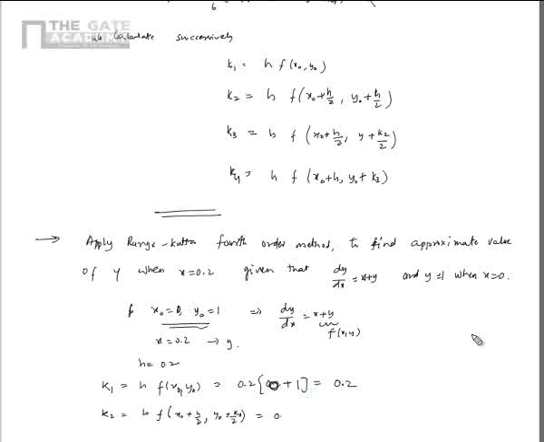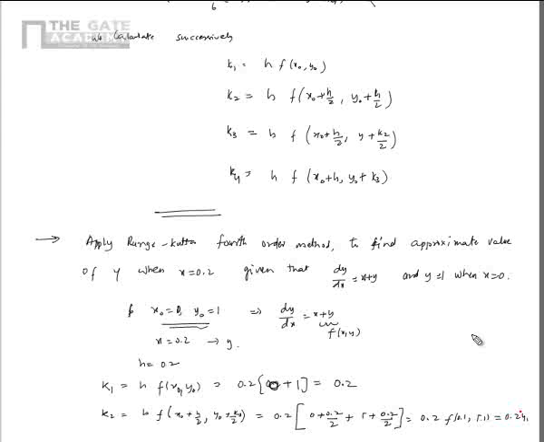So now h is 0.2. Okay, x naught plus h by 2 is basically 0 plus 0.2 by 2, that is the x value, and the y value is y naught, which is 1, plus 0.2, that is k1 by 2. So this comes out to be 0.2 into f of 0.1 comma 1.1, and this value is 0.24.